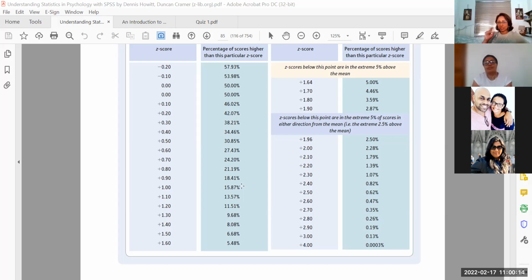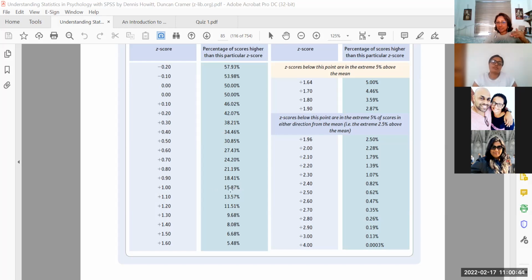Just do that calculation. 50 minus 15.87 is 34 something. That is why we know that within 1 standard deviation on either side of the mean, you get 34 point something percent and 34 point something percent. There is 68% of all scores that fall within 1 standard deviation. That you can see very clearly from this table here.